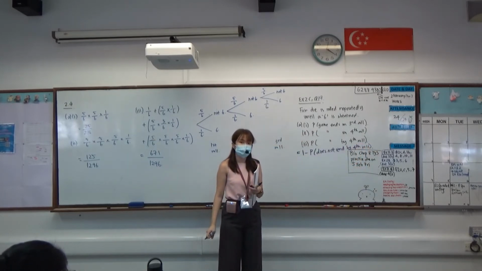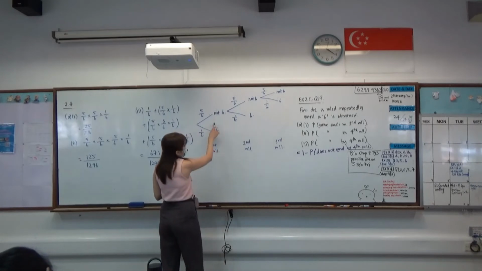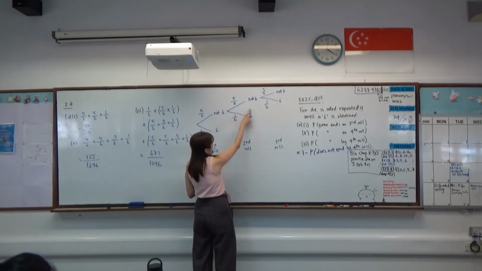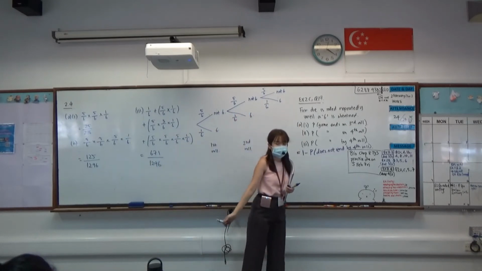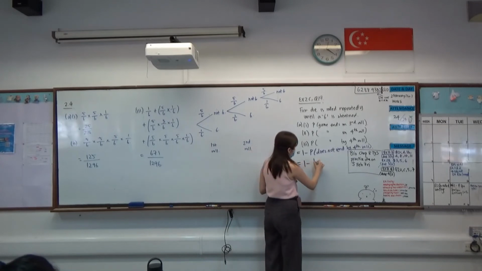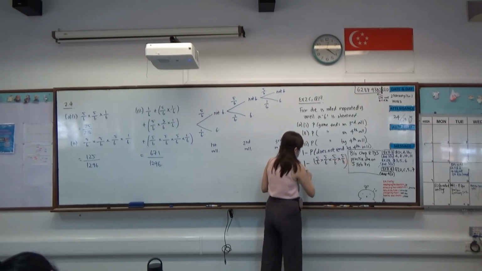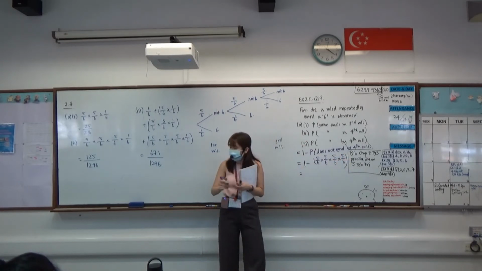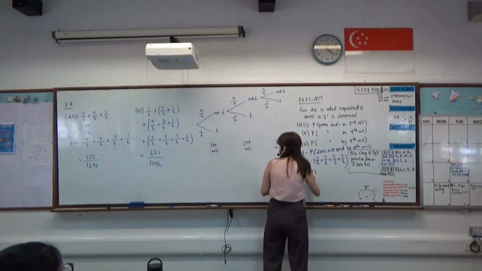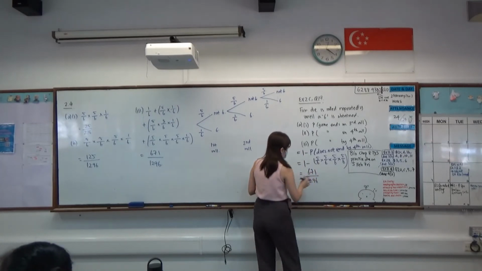That will actually mean that it never ends, so not 6, not 6, not 6, not 6. And that will be 1 minus 5/6 times 5/6 times 5/6 times 5/6. You would still get the same answer, which is 671 over 1296.